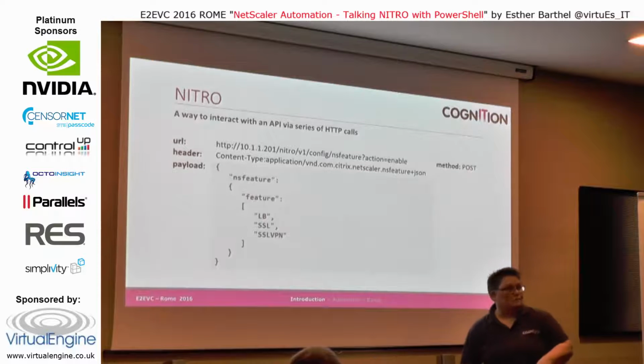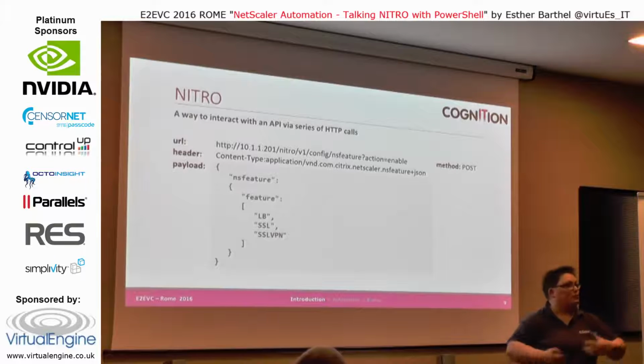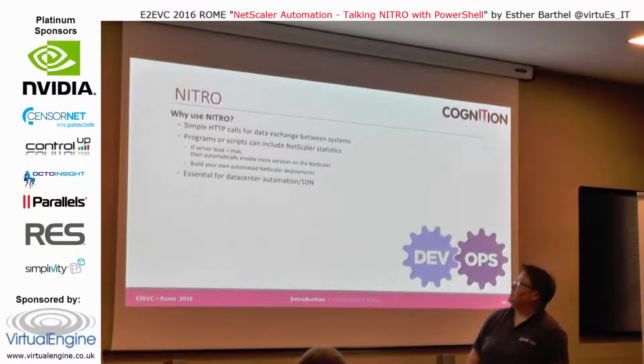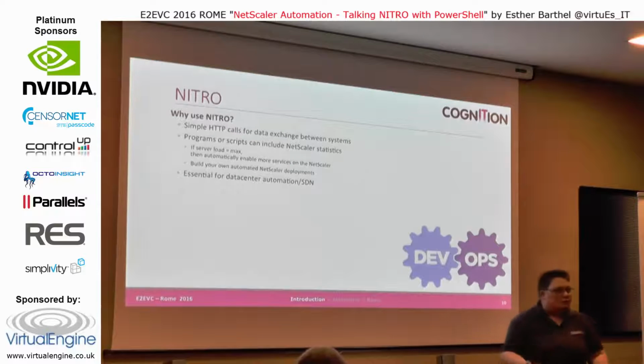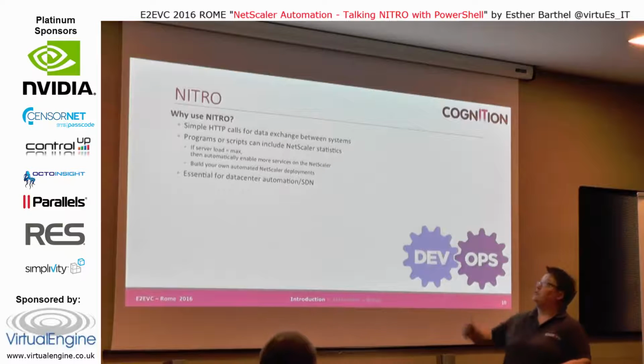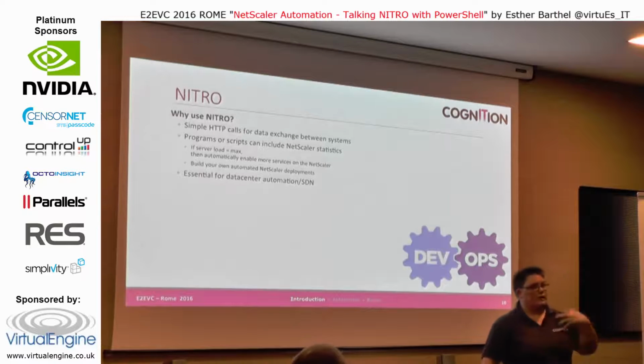To sum it all up, this is basically the information we need to be able to make that NITRO or REST API call to our NetScaler. And I kind of already answered the why would I use NetScaler NITRO question in the previous examples that I gave.